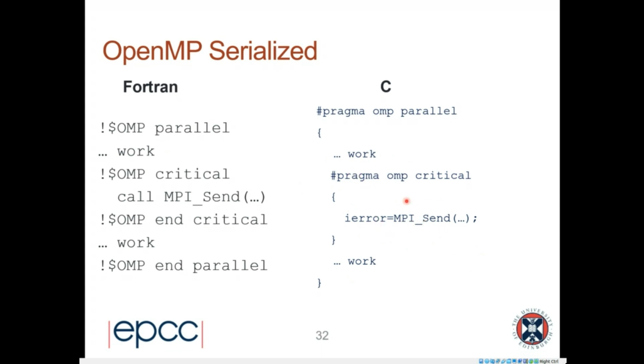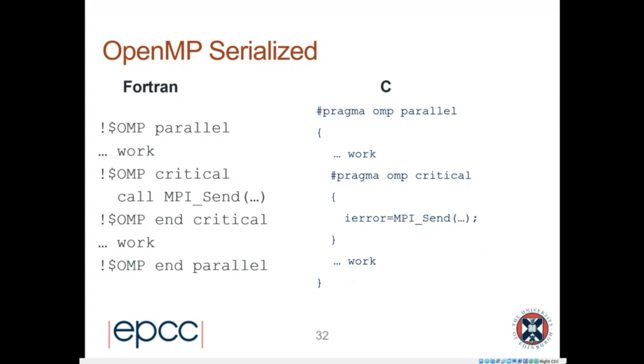Each thread is now calling a different send based on the outcome of its work. But you have to protect that with a critical, because in the serialized style you're guaranteeing to the MPI library, lots of threads will be calling you, but don't worry, I'll make sure that only one thread calls you at once.